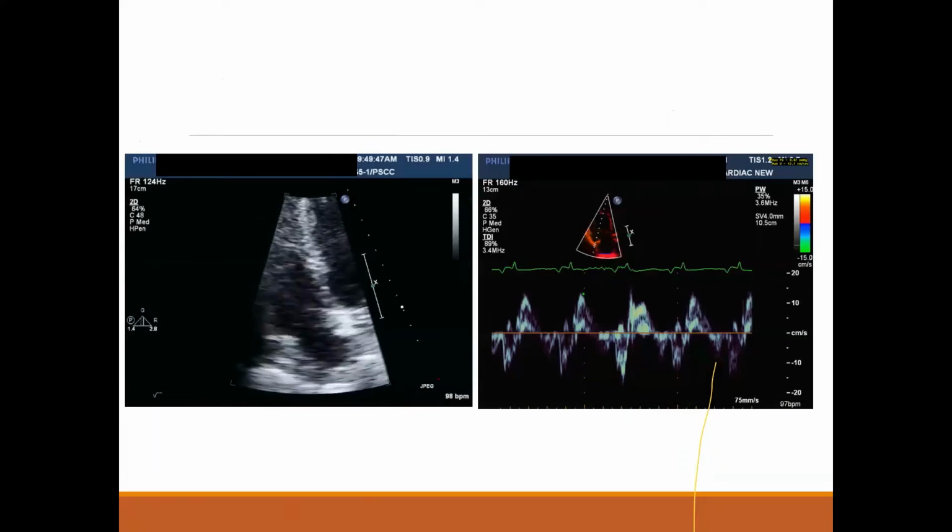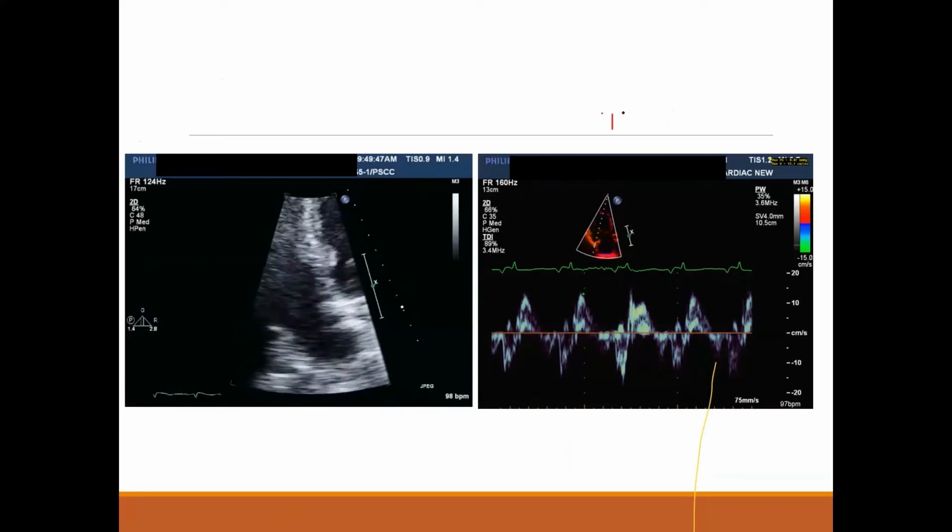Now, what is this? This is a zoom in on the RV apical four-chamber view, and here is the TDI. Where is this TDI sampling, and what does it mean?